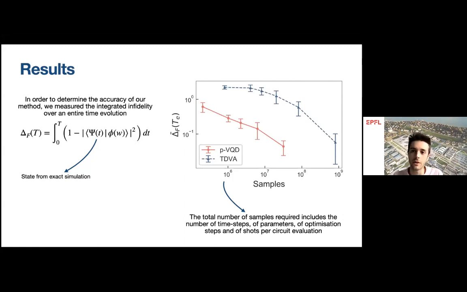Basically, every time a circuit is created on quantum hardware and measured is counted here. So if I have a fixed number of samples, a fixed number of circuits, I am more stable with PVQD with respect to TDVA.